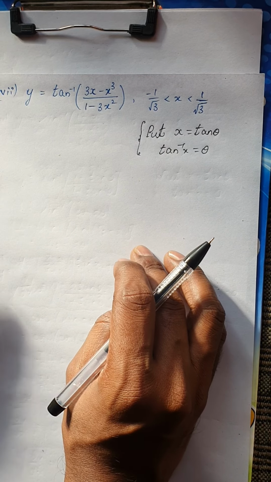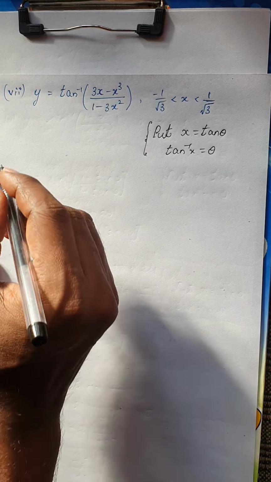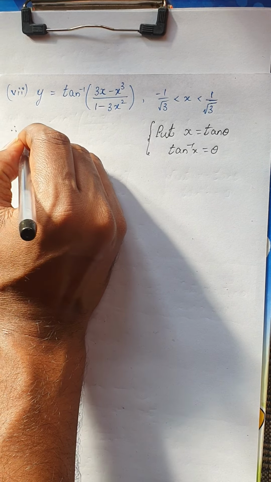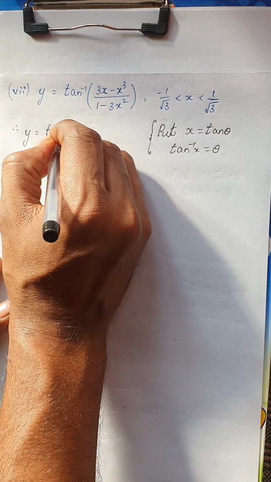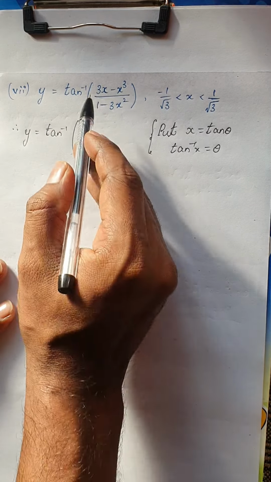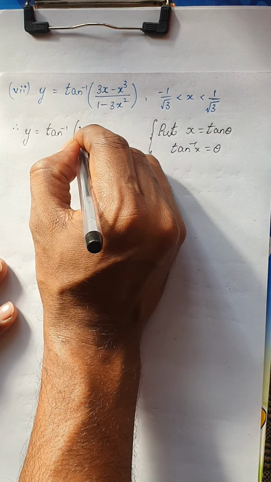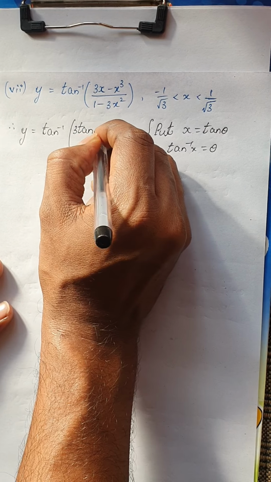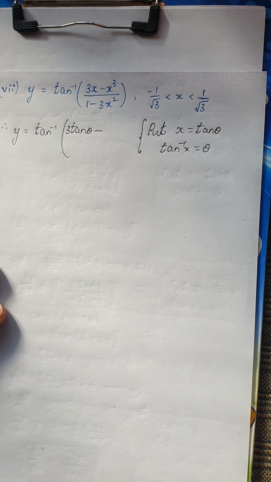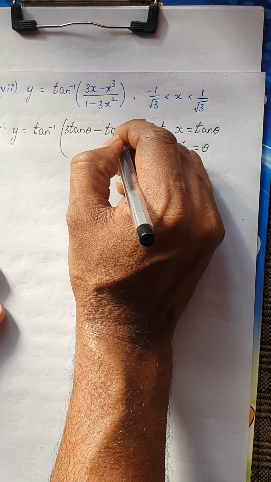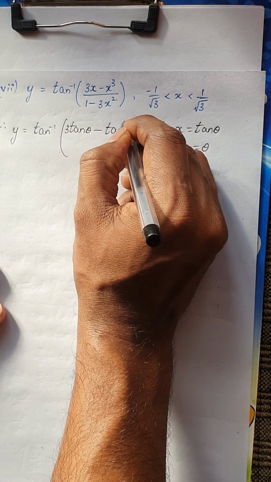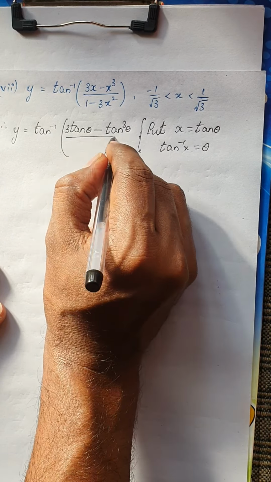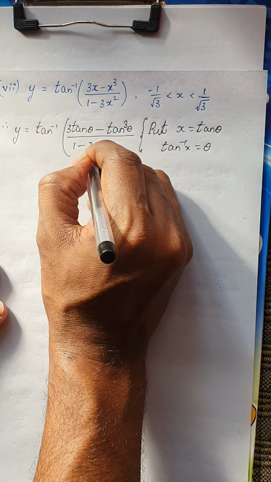Therefore you can write y is nothing but tan inverse of, substitute for x, 3 tan theta minus x cube. X cube will be tan cube theta, divided by 1 minus 3 x square.